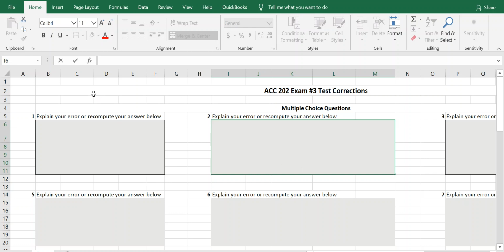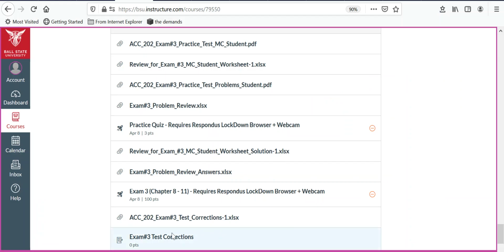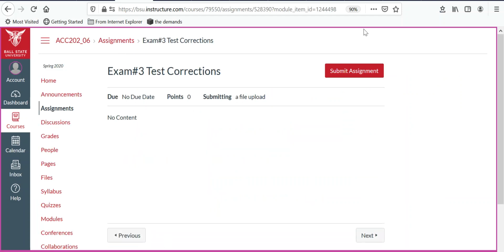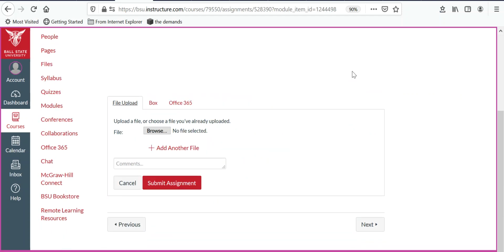Once you do this, you need to enter your name in the worksheet, and then when you go back here to Exam 3 Test Corrections and click on this, you will submit the assignment, which will be a copy of the Excel worksheet that you use. Now, I do have one thing I need to make very clear.